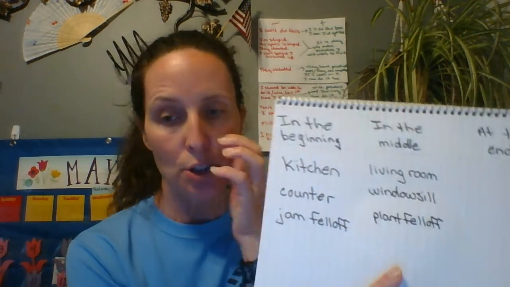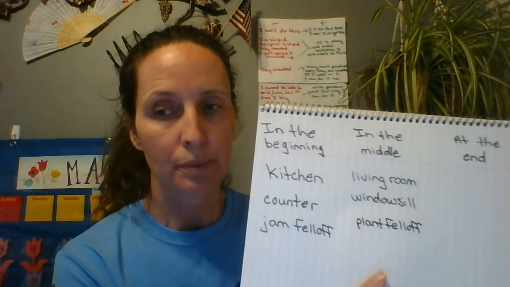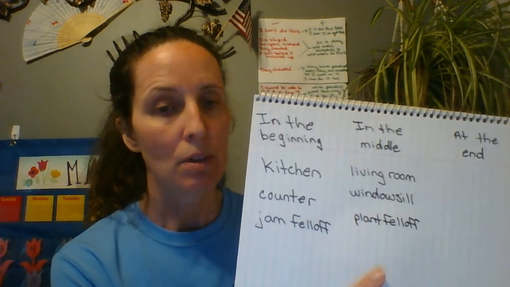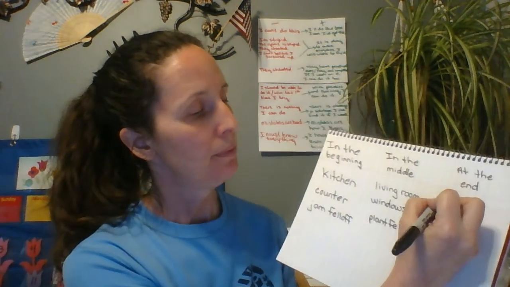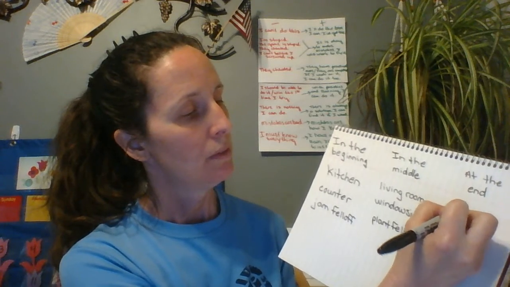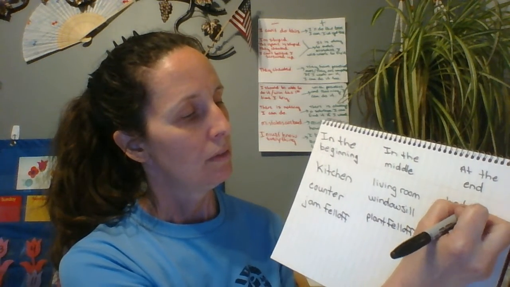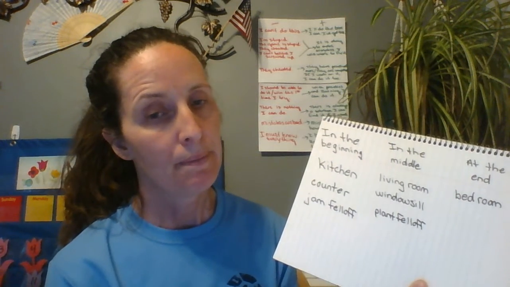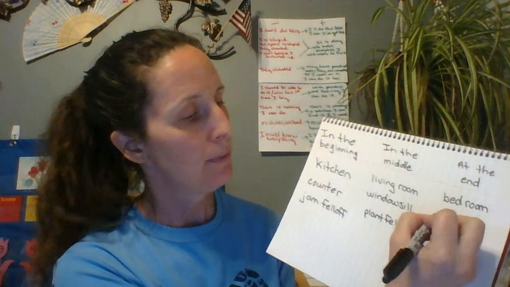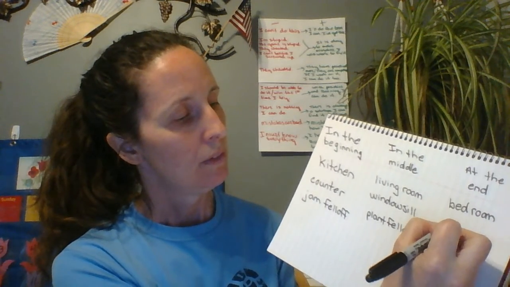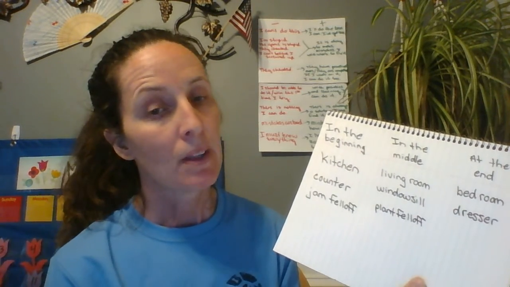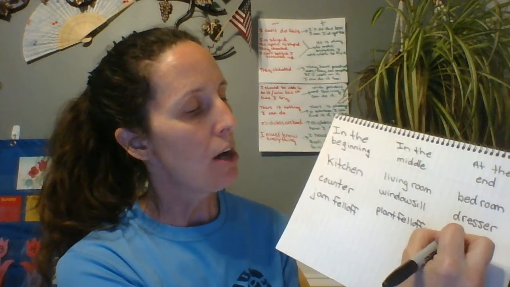All right. At the end of the story, where did Oliver go? What room was he in? Do you remember? He was in the bedroom. Remember what furniture he was sitting on? He was sitting on the dresser. What did he use to make the big mess this time? The powder. The powder fell off.